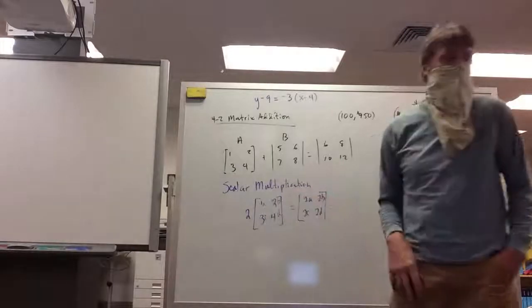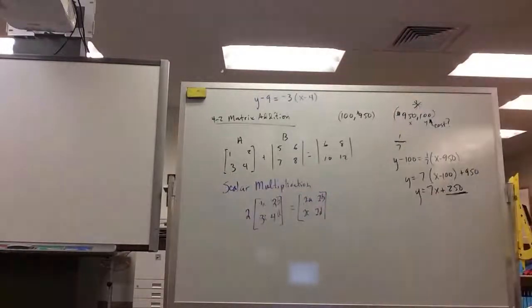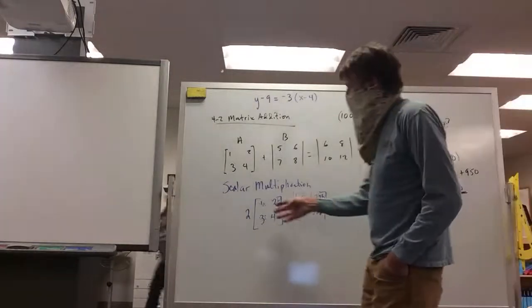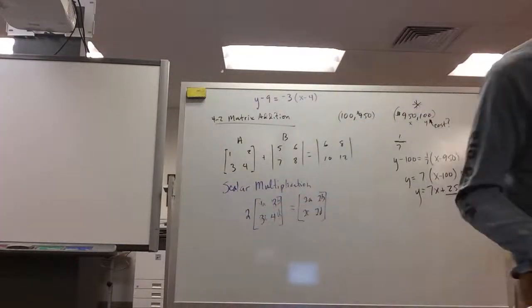Every element is going to be multiplied by k. So it's fairly obvious. Example 1 just uses different numbers than what we did here, so we don't even have to do that. If we understand this concept, we can run with it.